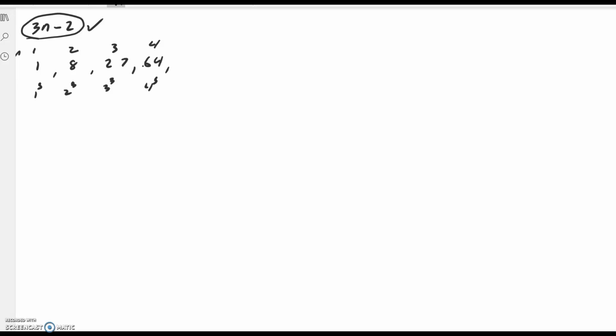Is there anything else we can do with these? Well, there's lots of things, but I'd like to show you something. So let's do this 1, which is 1 cubed, and so we're going to have 1, and we're going to have 1, and then we're going to have 1 plus 8, and then we're going to have 1 plus 8 plus 27, and so on and so forth.